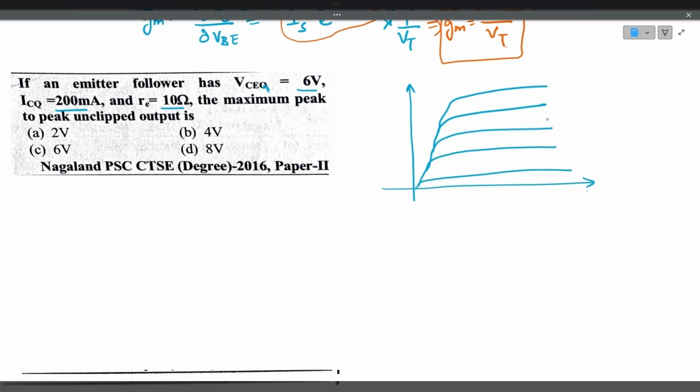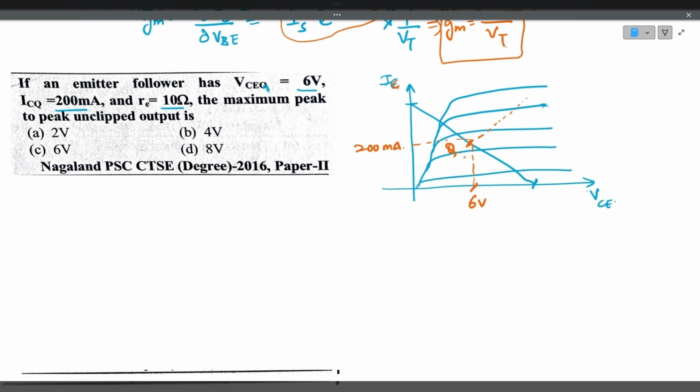These are the output characteristics, IE and VCE. The load line will be selected in this way. The Q point is basically selected in the middle of the load line. So this particular Q point is 6 volts and 200 milliamps ICQ, the collector current.